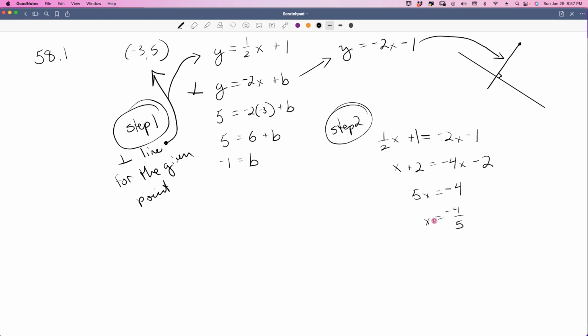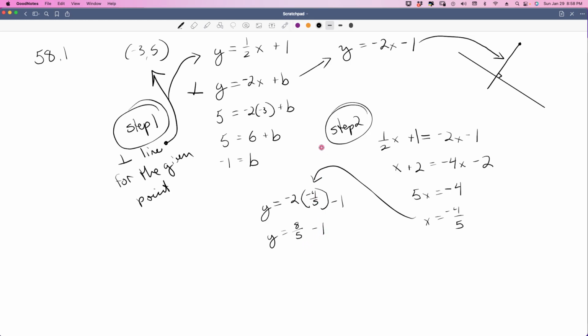So now I'm going to substitute that back into this line. So that would be a continuation of step 2. So y is equal to -2 times -4 over 5, minus 1. So that would be positive 8 over 5. y is equal to 8 over 5 minus 1.